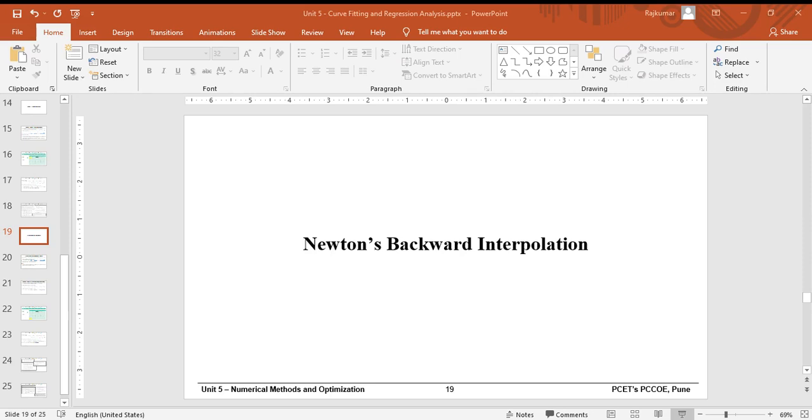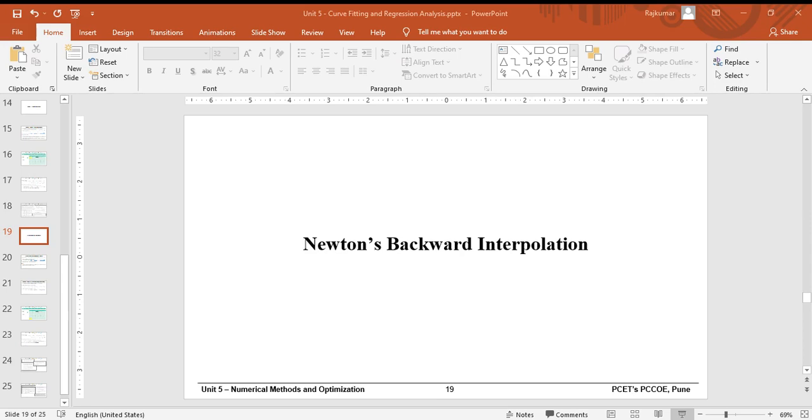Now we briefly compare these two. Newton's forward interpolation formula is given here, and Newton's backward interpolation formula is also given.